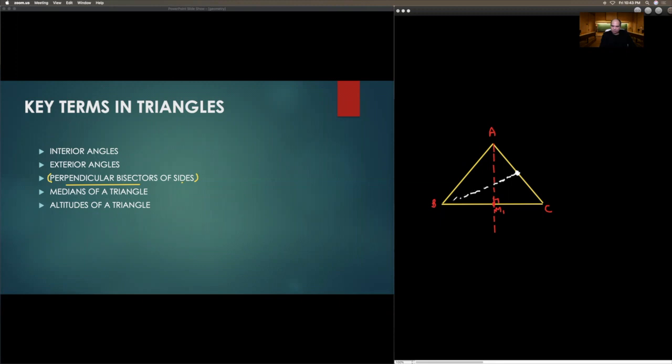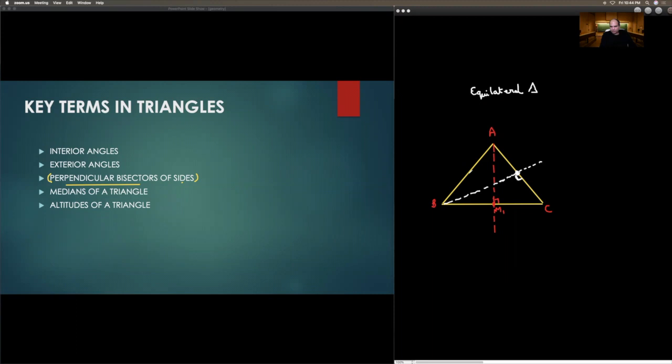Please remember, I have taken an example of an equilateral triangle here. And in an equilateral triangle, you will notice that the perpendicular bisector of the side also passes through the opposite vertices. But this need not always be true.